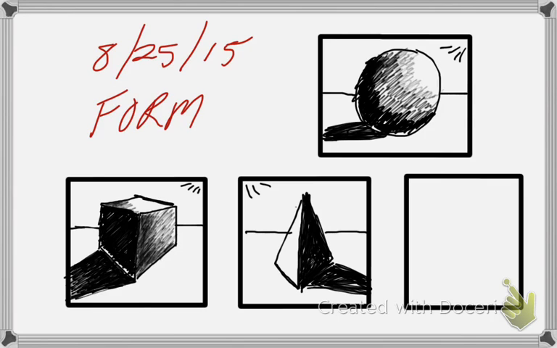What I'm going to do is a cylinder. So we'll start with the oval up top. That wasn't a very good oval. There. Good enough. And then I'm just going to drop a vertical on both sides, left and right side.